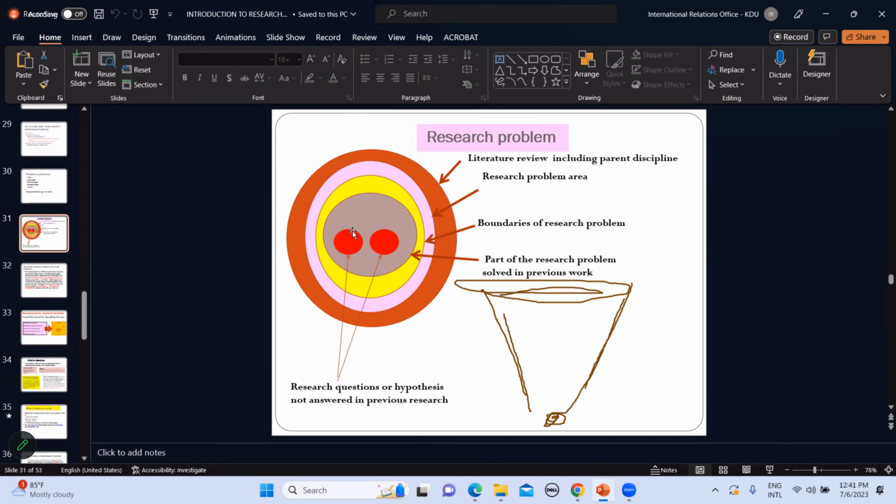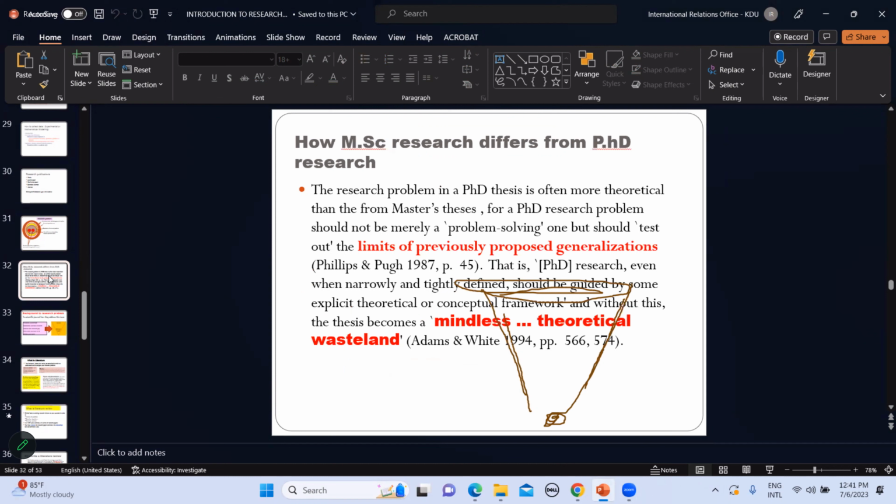Once you go to your territory, you don't need to come back to that wide area. You can play within that area. And here I am showing you a little, because one day you will see how MSc research differs from PhD research, okay?